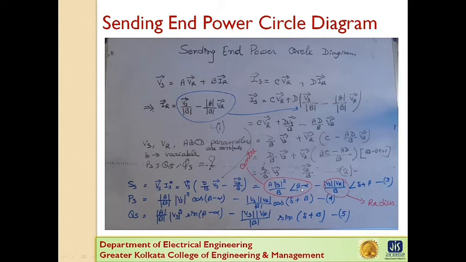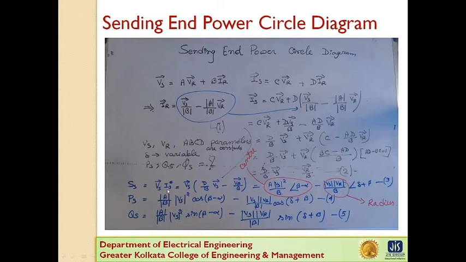So beta minus alpha is the angle, minus VS into VR by B, here the angle is delta, angle of voltage is delta plus beta. So this phase angle is beta minus alpha and this phase angle is delta plus beta.